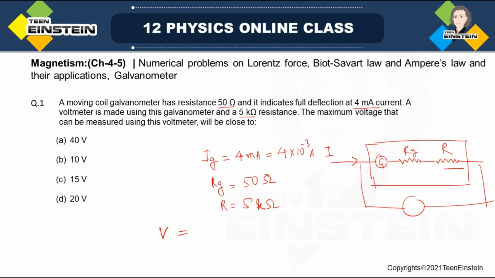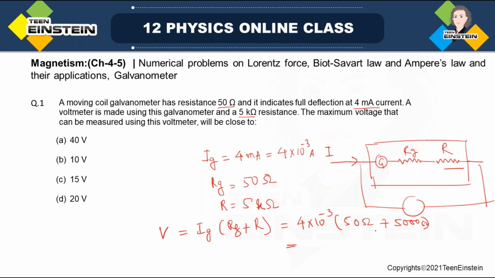So V of the voltmeter will be Ig into Rg plus R. So Ig we know is 4 into 10 to the power minus 3 ampere, Rg we know is 50 ohm, and this we know is 5 kilo, that means 5000 ohm.